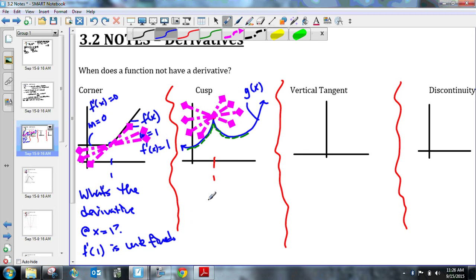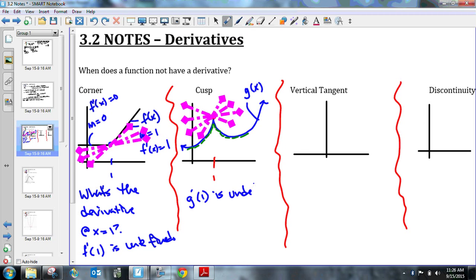So here's what I want to say. g prime of 1 is undefined. At any other point along this function it's differentiable, except at x equals 1. That's where it's not differentiable. I can do the same thing at a vertical tangent. So I'm going to make a function here that has a vertical tangent.